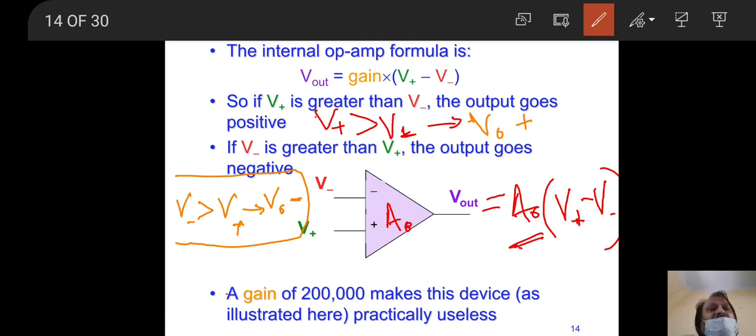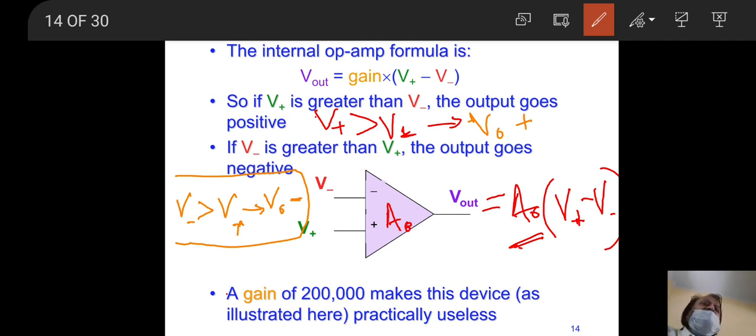So if the gain is very high, this makes the device practically useless. Very high gain means it is useless as considered. You have to require a specific gain to get the amplifier output required. That is very important.